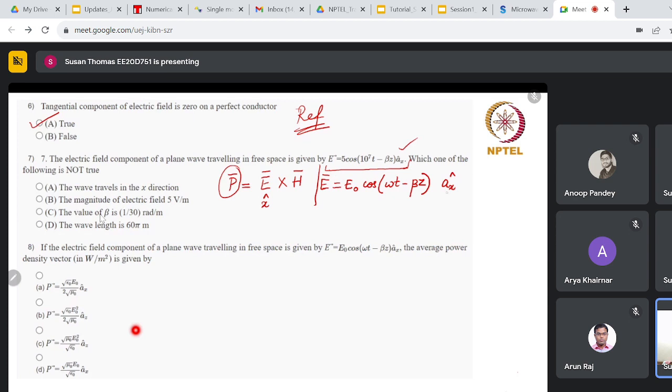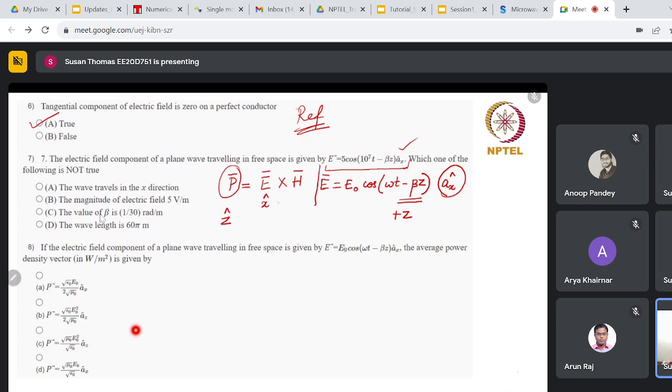So this Ax cap means electric field is in the x direction and the traveling of the wave is in the direction of plus z. Okay, so if it would have been omega t plus beta z, then the wave travel is in minus z direction. So the wave travel is in z direction.